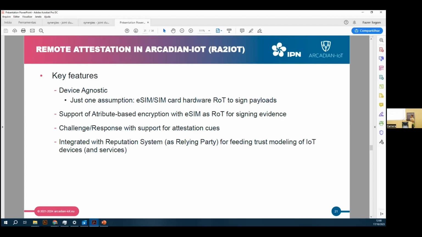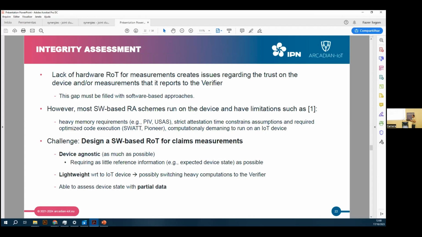So, since we only consider eSIM or SIM card as a hardware root of trust, there's no way to make sure that the measurements reported by the device are trustworthy. So an alternative approach is to use a software-based root of trust.